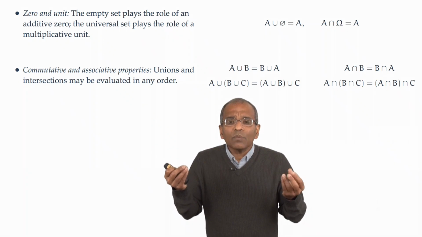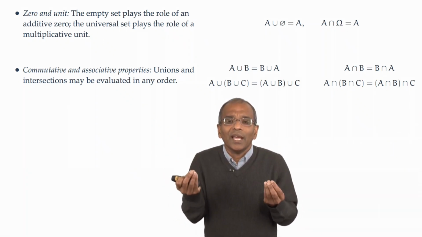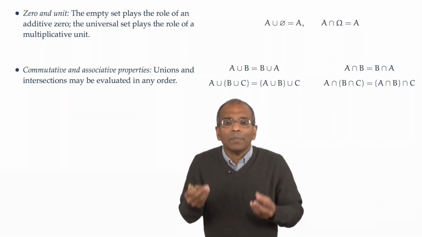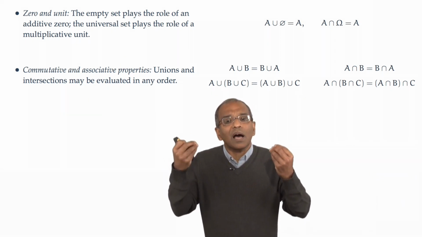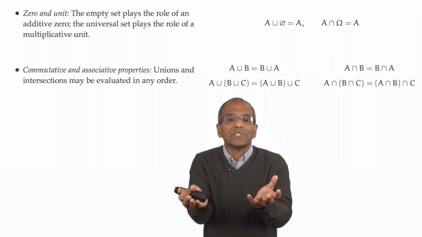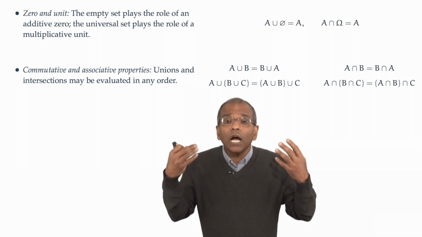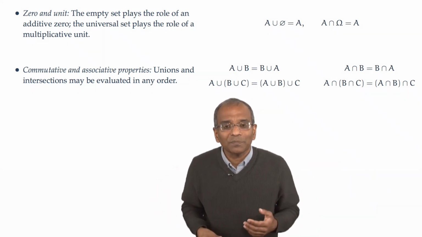In such settings, we will use a generic letter like i or j or k to represent a typical member. So we'll say A with a subscript i is a generic, the ith subset in a finite collection, or perhaps even in a countably infinite collection.